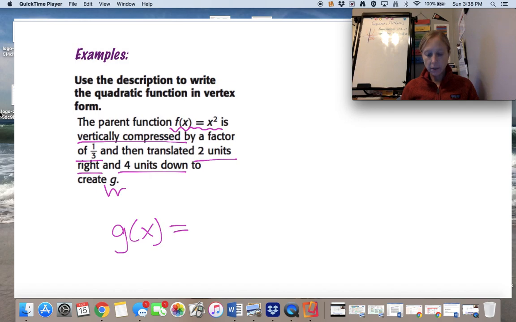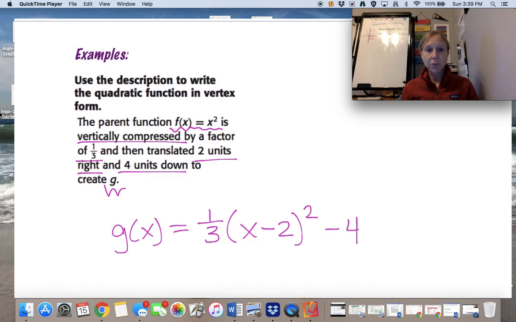It's vertically compressed by 1/3, so the 1/3 goes in front of the parenthesis. Then I do x minus h, remember the horizontal shift. So it is translated 2 to the right. That's a +2. The opposite of that would be -2. And now I go 4 units down, -4.